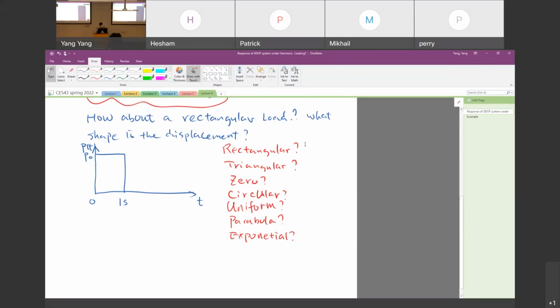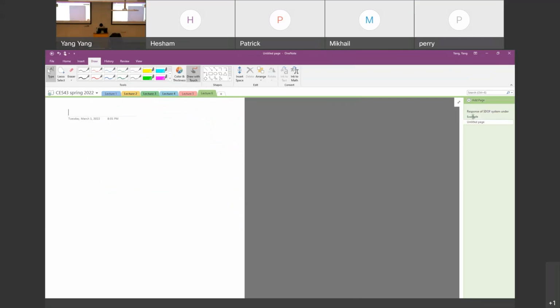That's the response of the single degree of freedom system under arbitrary load, any shape other than the sine or cosine wave. So this is the topic tonight.